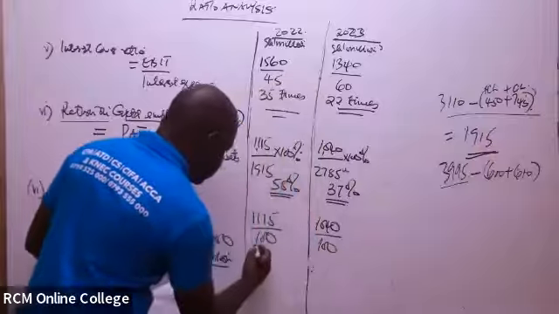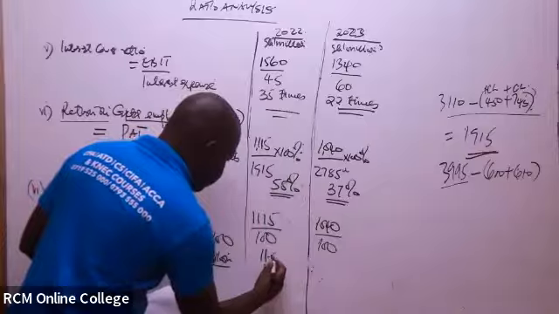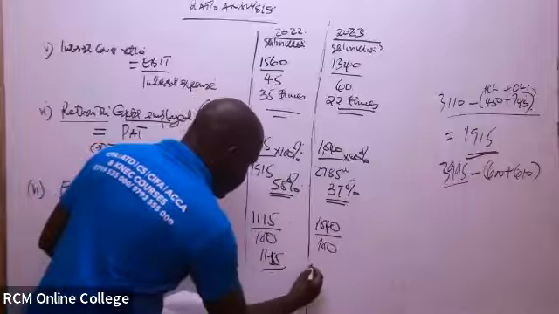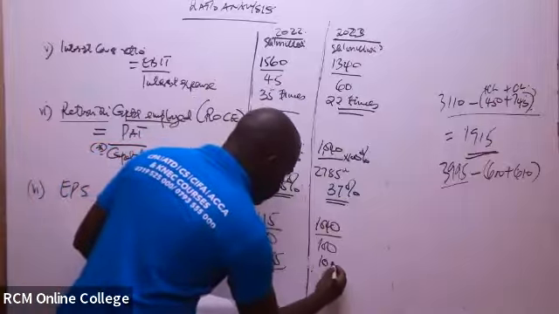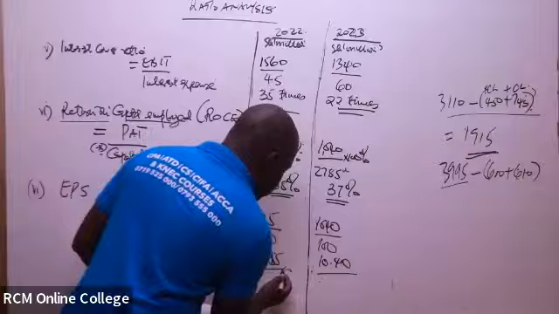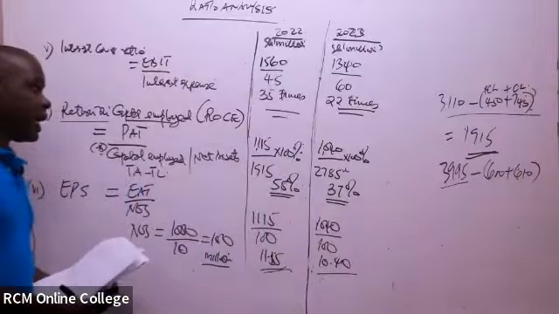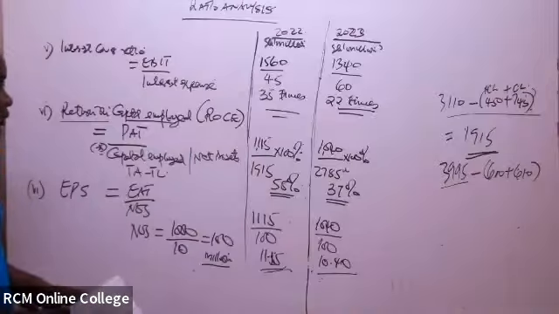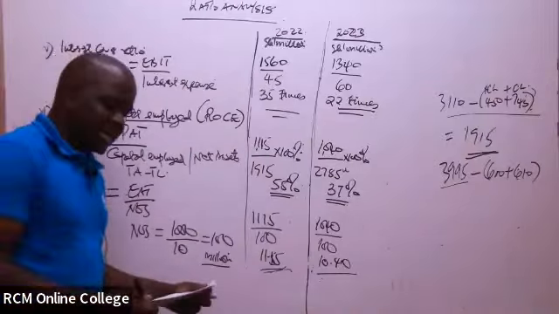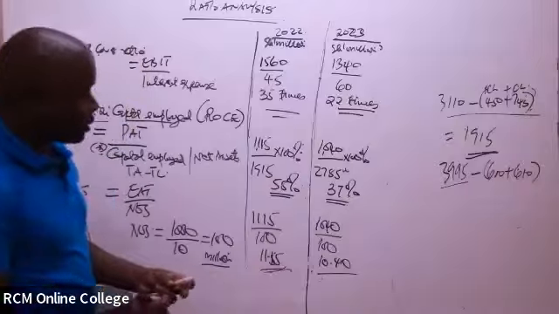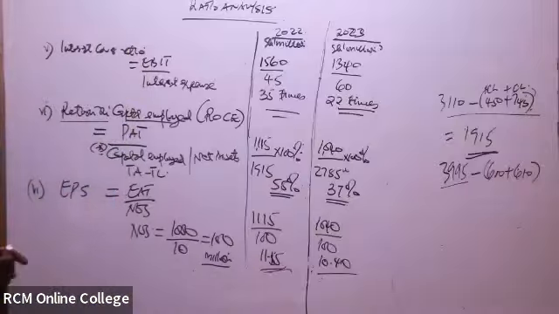For this year it will be 11.15, and here it will be 10.40. So the earnings per share for the year 2022 is higher than the earnings per share for the year 2023.